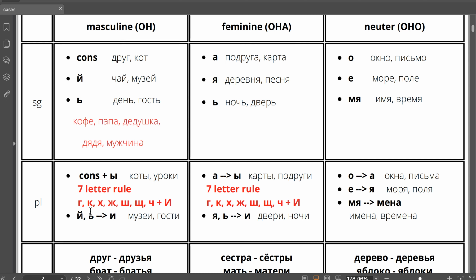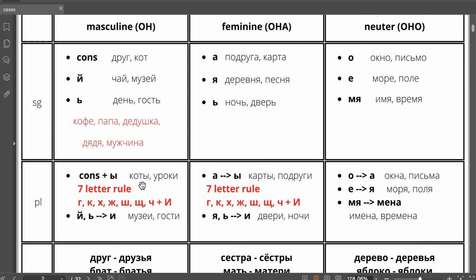Г, К, Х, Ж, Ш, Щ, Ч. After these 7 letters, only these 7, you must write И, not Ы. So when you see this thing, you think, 7-letter spelling rule. Never Ы after these letters. К is one of those, right? So instead of Ы, you need to write И.